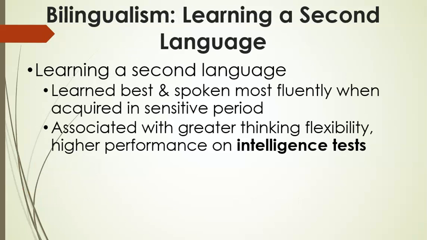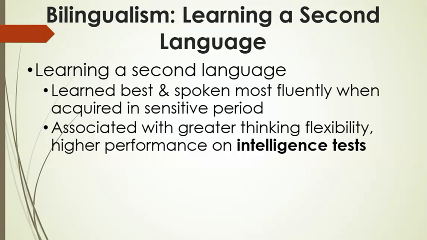Now, what about when you're learning a second language, or even a third or fourth or whatever? It's best learned and spoken most fluently when acquired in a sensitive period. A sensitive period of language is a lot of times in younger children, or before the age of 15 usually, when children and teens are able to learn a second or third language a lot easier because their brain is more what we call plastic.